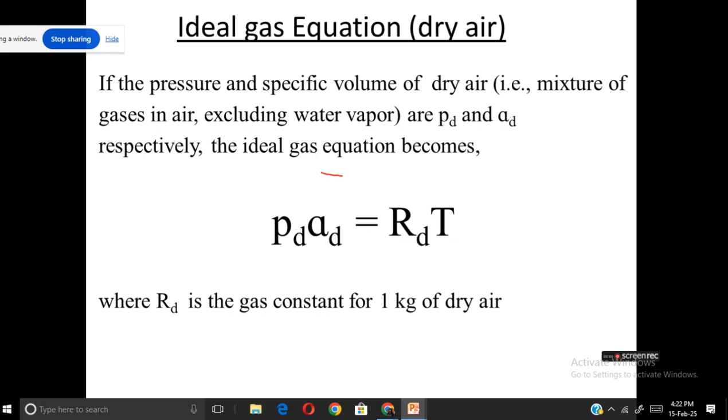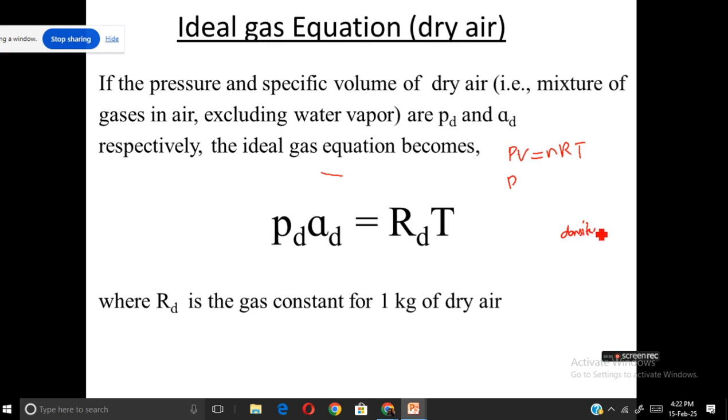If the pressure and specific volume of dry air are P_D and alpha_D respectively, the ideal gas equation becomes P_D alpha_D is equal to R_D T, where R_D is the gas constant for 1 kilogram of dry air. PV is equal to nRT, right?